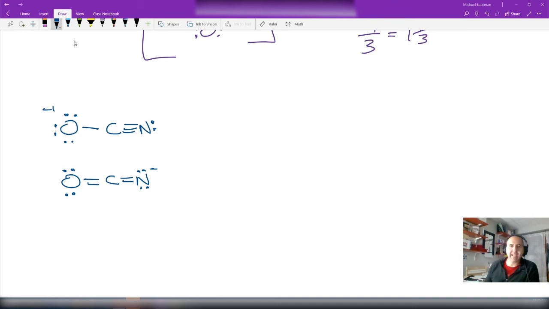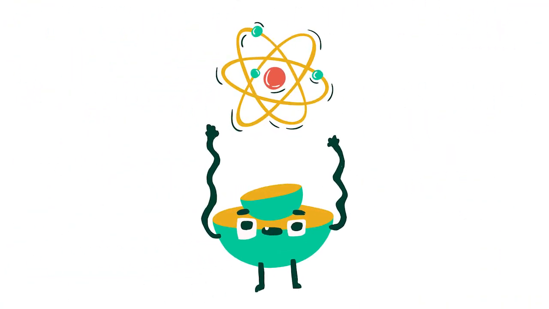Like if I had to bet, I would say this OC bond in the real isocyanate is going to be a little bit shorter than a single bond, and this CN bond is going to be a little bit longer than a triple bond. It's not an exact average between the 2 because the resonance structures aren't exactly equivalent, but it's still there.